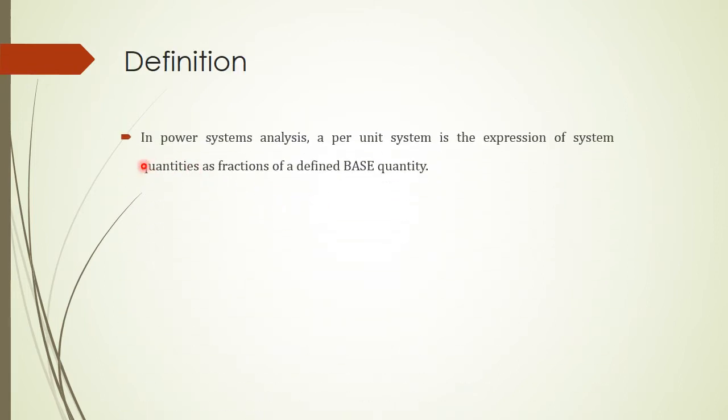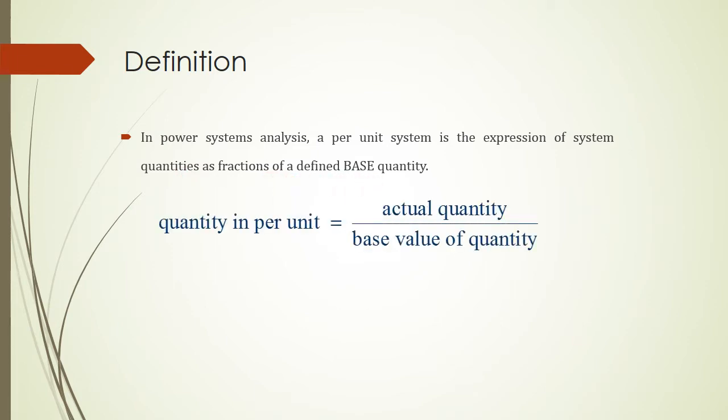Let's begin with the definition. A per unit system is the expression of system quantities as fractions of a defined base quantity. In this form, the quantity in per unit is the actual quantity over the base value of quantity. For example, the apparent power in PU equals the actual quantity over the base value, like this.